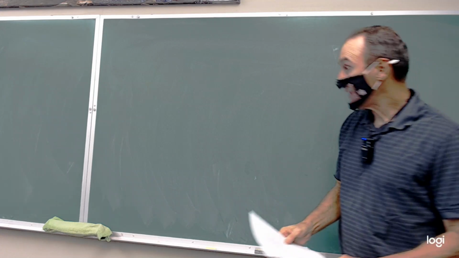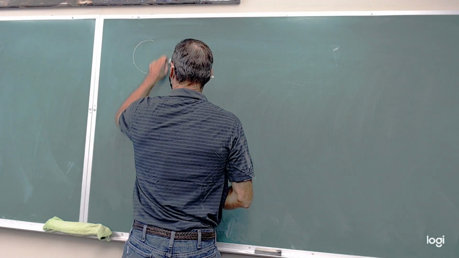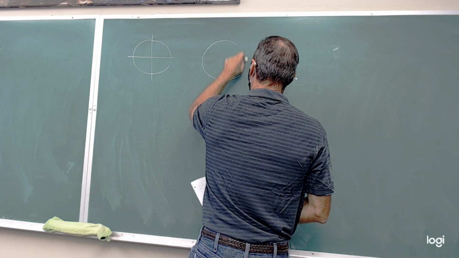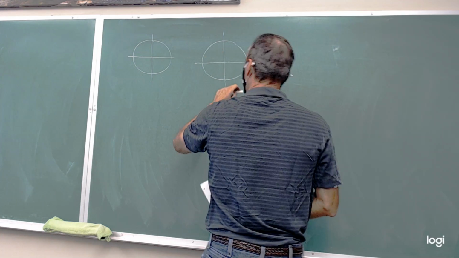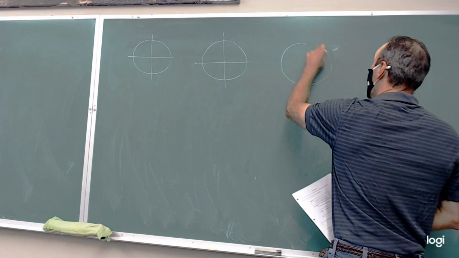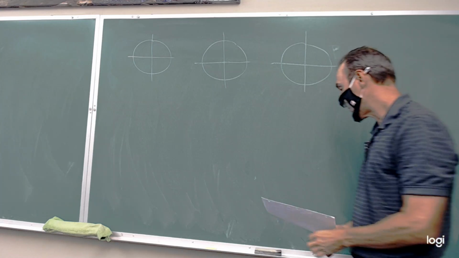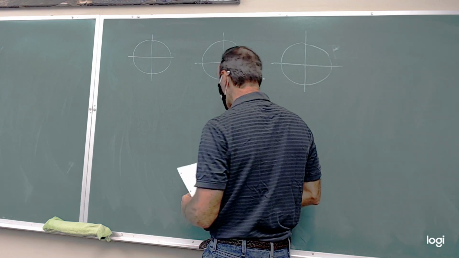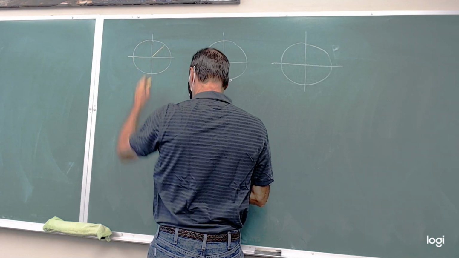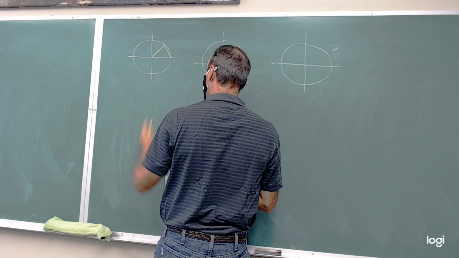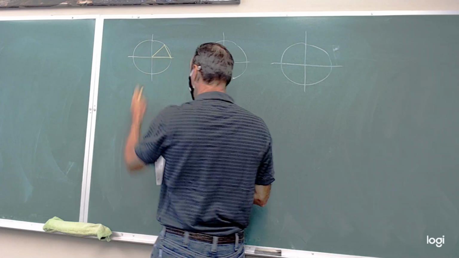At any rate, we have on this sheet three pictures, which are kind of the same diagram, but we're going to look at different triangles on each of them. On the first one, we are going to look at this triangle right here in the yellow.